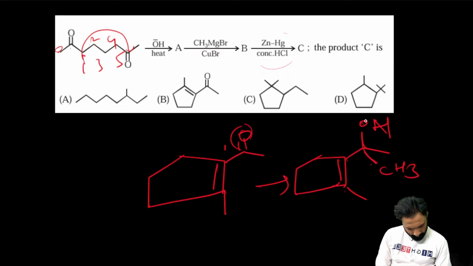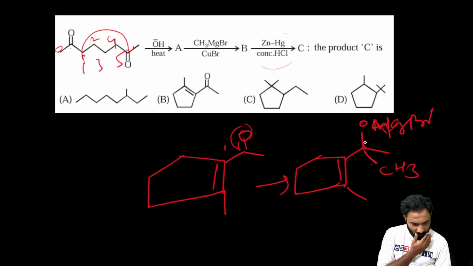Then here it will become O, then magnesium bromide upon CuBr. ZnHg, if it eliminates also.